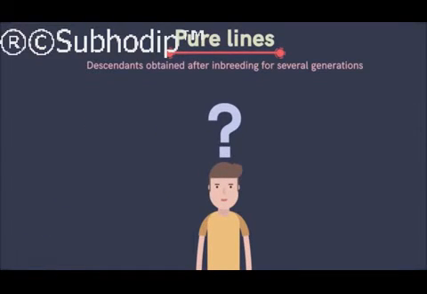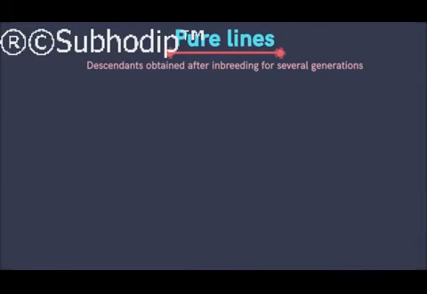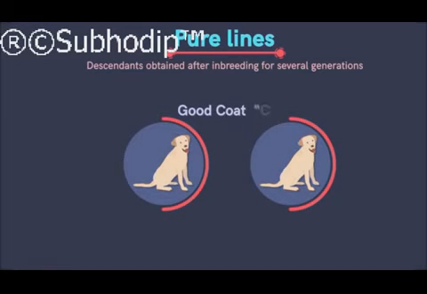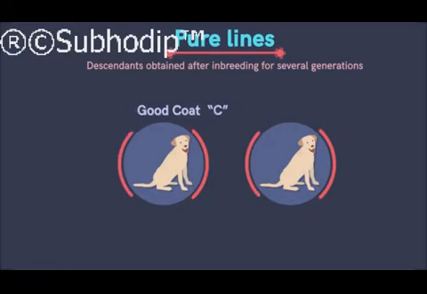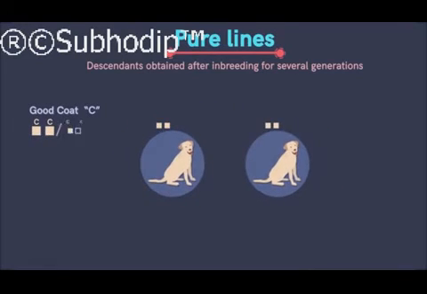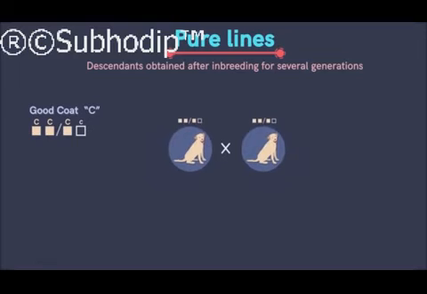It's easy to understand this with an example. Let's say we have this particular breed of dogs. Both these have genes for a good coat on their skin, say C. So, both these dogs may have the genes CC both in uppercase or Cc, that is, one in upper and the other in lowercase. On crossing these two dogs, we get these offspring.